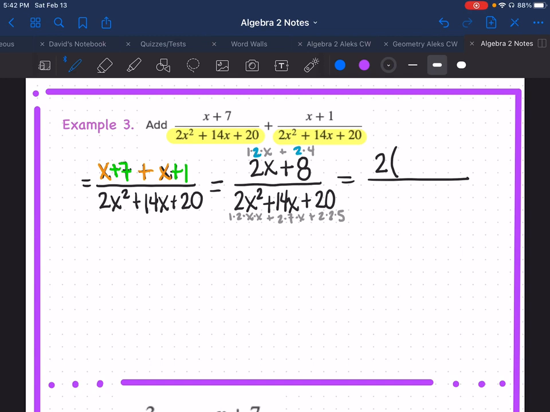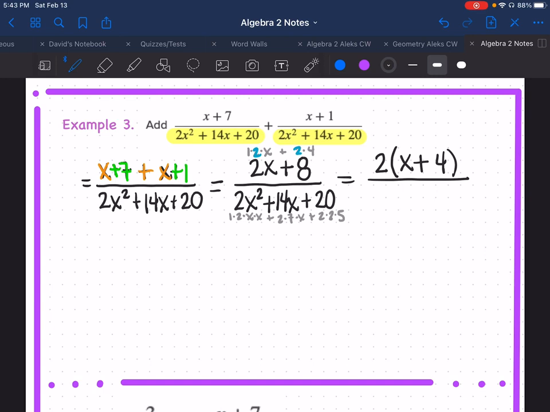Then I'm going to put a parenthesis. Then I'm going to look right here, what's left in the gray. Well, the 1 and the x. Remember, you can always ignore a 1 and you can put the x. Then I'm going to put the plus sign, because that's what's there. And then I'm going to look right here, what's left when I take away the 2, because the blue 2's already out here. These 2's are the same. I'm just going to put the 4.